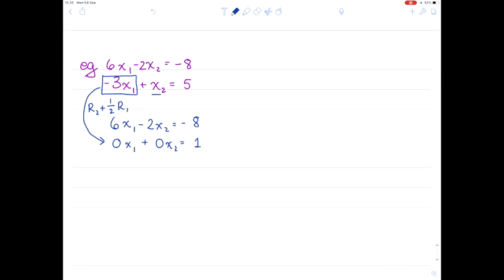And immediately here you should start being a little suspicious, because if we rewrite our second equation, what we end up with is 0 is equal to 1. Now in the previous example we had 0 is equal to 0, which is always true. On the other hand, 0 being equal to 1 is never true. There are no values of x1 and x2 that I can pick which will make 0 equal to 1. So this is a case where we don't have a solution.